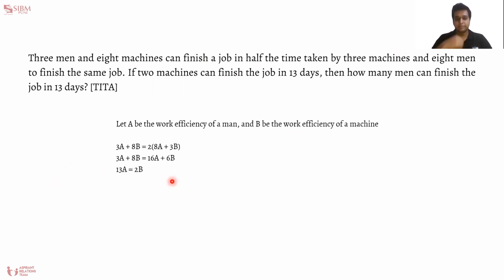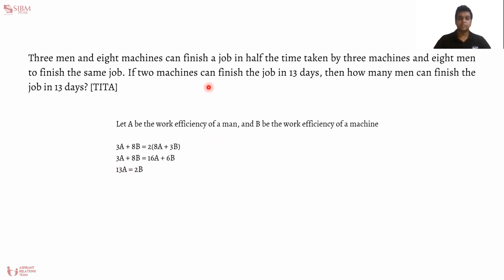So what does this mean? This means that the working efficiency of 2 machines is the same as that of 13 men. Or in other words, the time taken by 2 machines to complete a particular job will be the same as the time taken by 13 men to complete the same job.